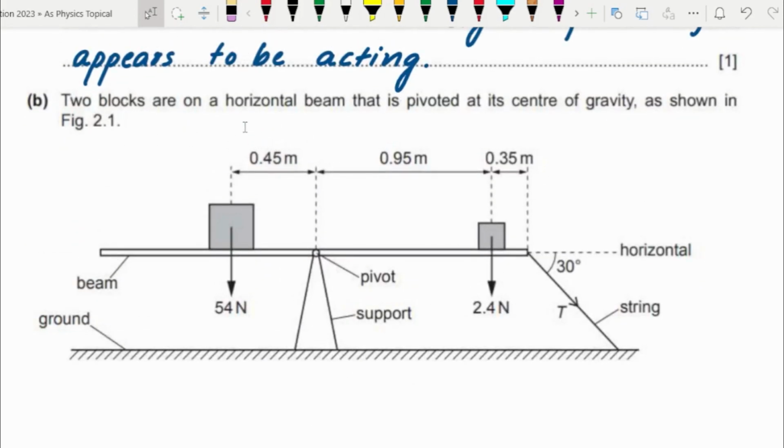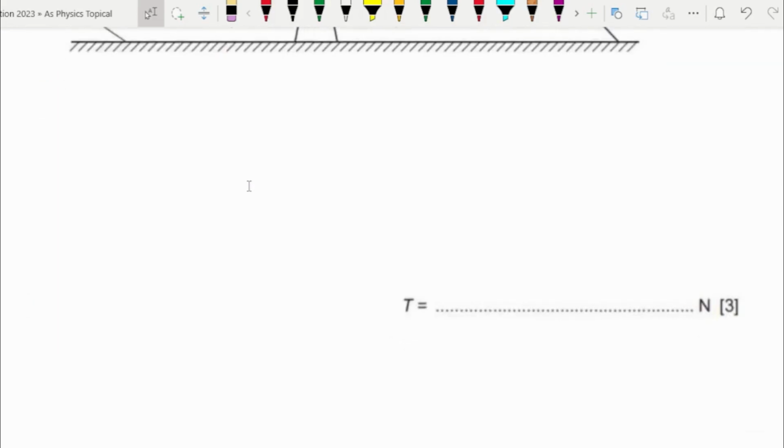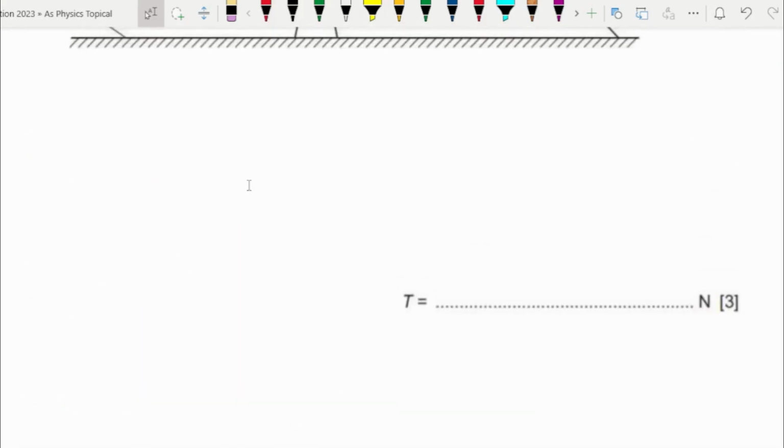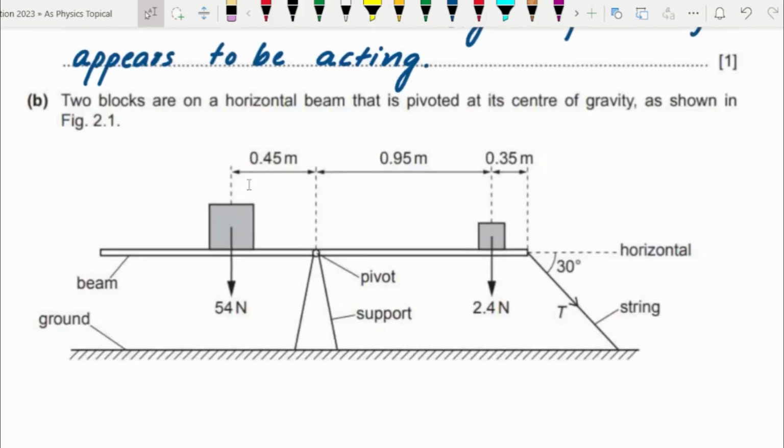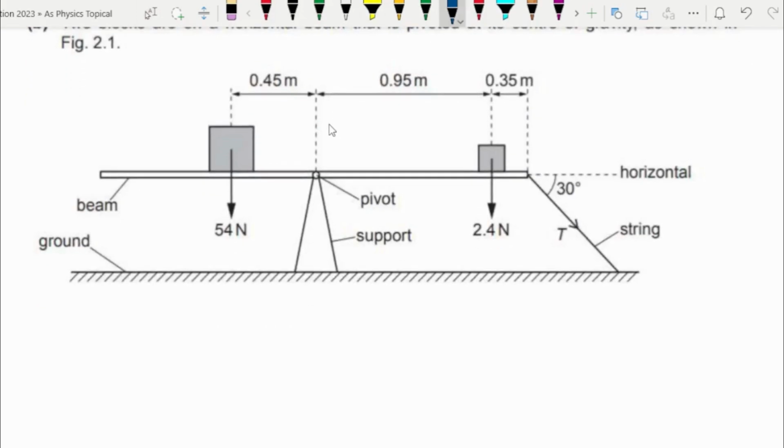Let's take a look at part B. Two blocks are on a horizontal beam that is pivoted at its center of gravity as shown in figure 2.1. What do we need to find? We need to find the value of T. Let's check out how many forces we have on the beam. The first force is 54 Newton.